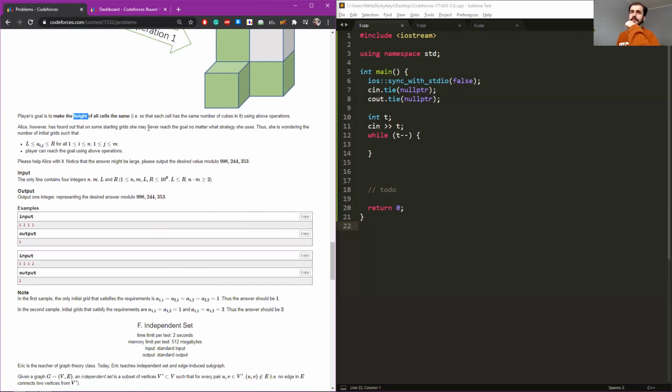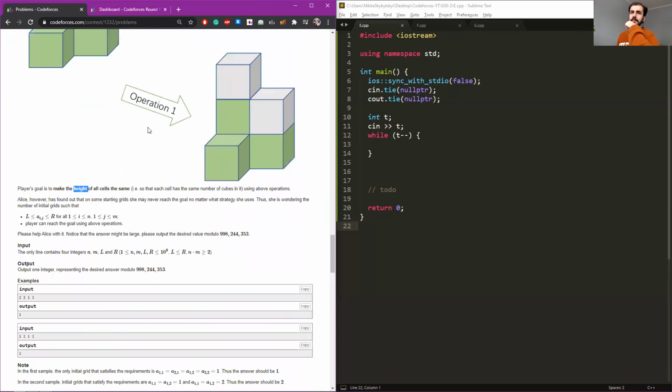All heights of all cells the same. Yes, like if initial. Oh wait, you can stack two cubes. Yeah, your basic problem is when parity does not match.